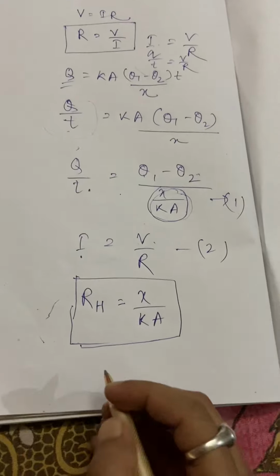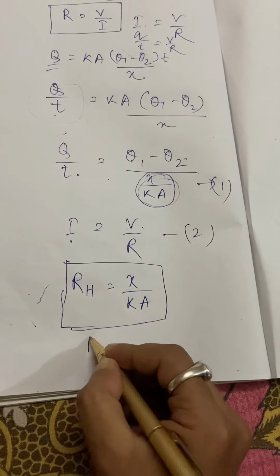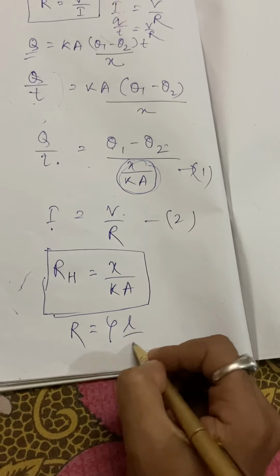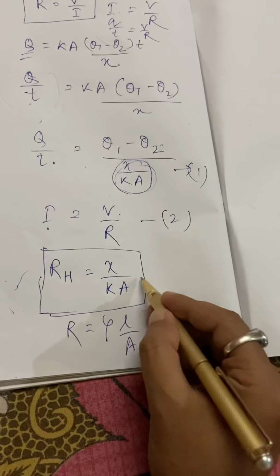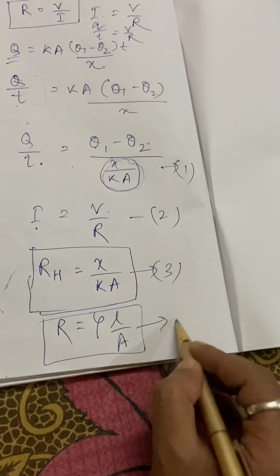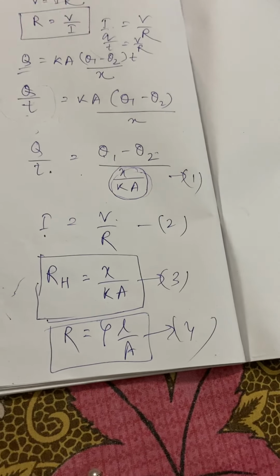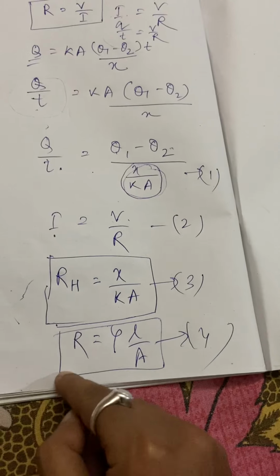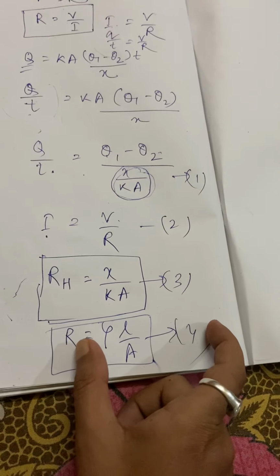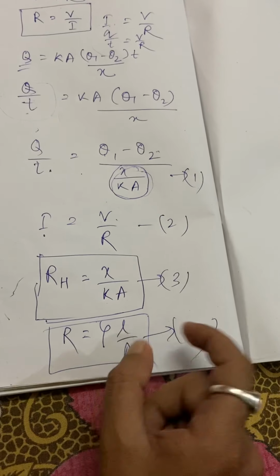Now we know the expression for electrical resistance: R equals rho L by A. Okay, so suppose this is equation number 3 and this is equation number 4. Now compare these two equations. Here it is X, that is the length between the two opposite faces. Here L is the length of the wire.